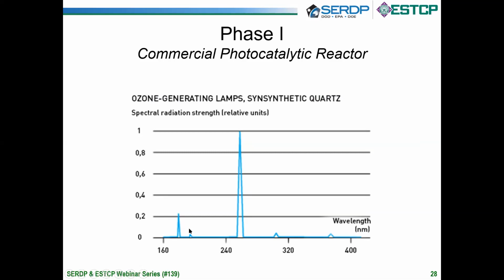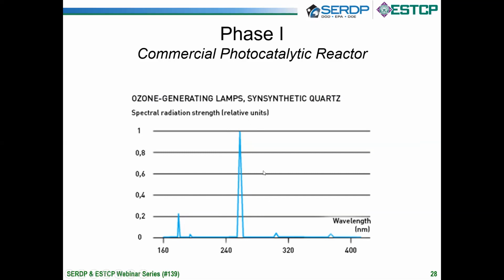And this turns out to be quite important because these photons can directly photolyze most organic contaminants, including most PFAS. So that opens up the opportunity for not only photocatalytic degradation with the semiconductor, but also direct photolysis from vacuum UV. The other type of lamp is an ozone-free lamp, which only includes this emission peak here.